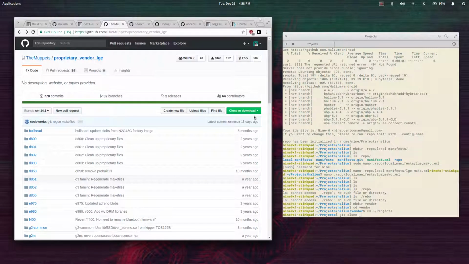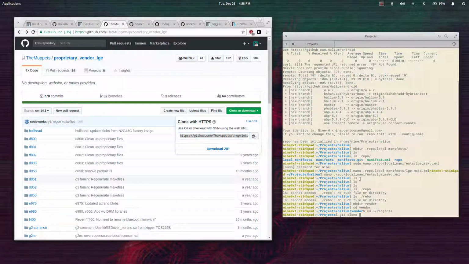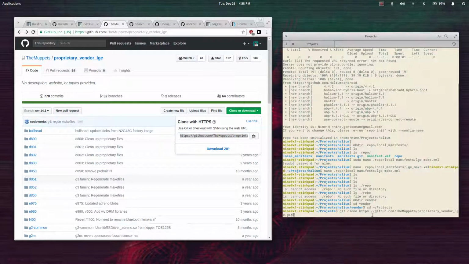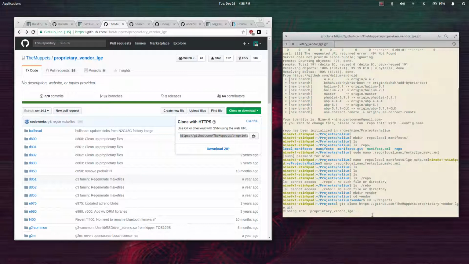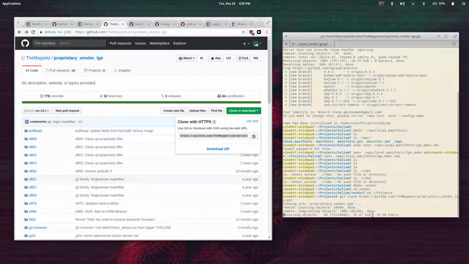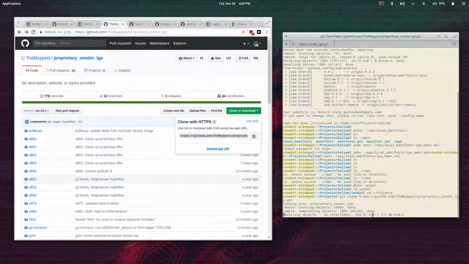Yeah, alright. I'm just gonna clone the whole lot because it's gonna take ages. Maybe. I don't know, maybe it's all really tiny.